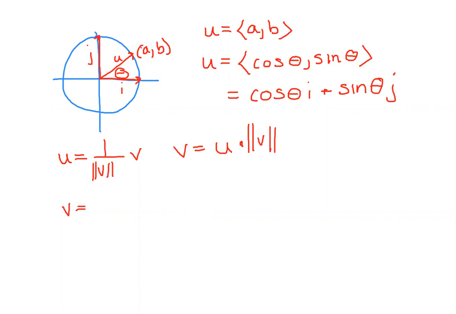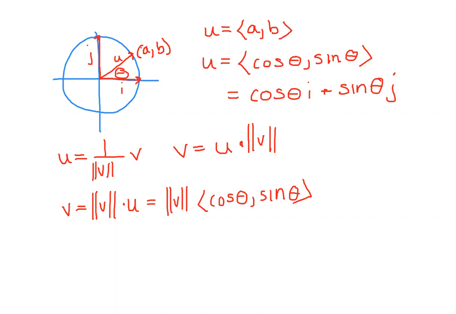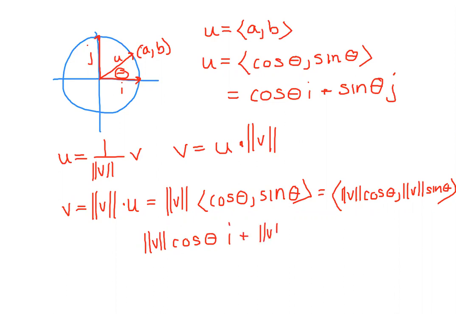So v equals its magnitude times its unit vector, which equals its magnitude times cosine theta, sine theta, which we could rewrite as magnitude cosine theta, magnitude sine theta, or as a linear combination, magnitude cosine theta i plus magnitude sine theta j.